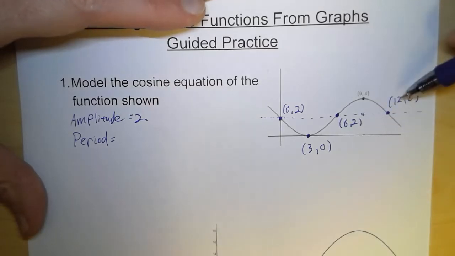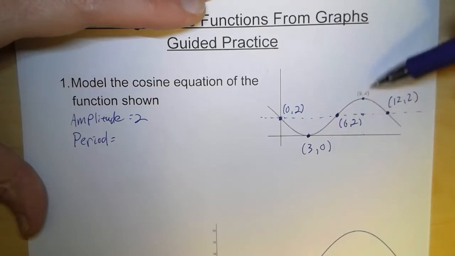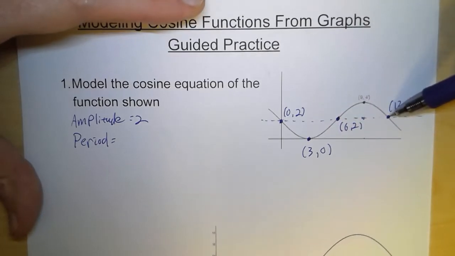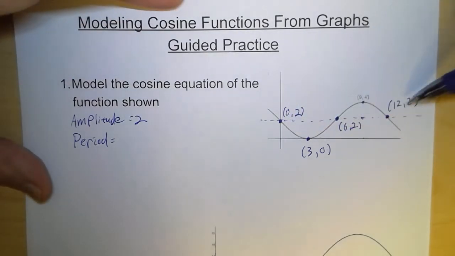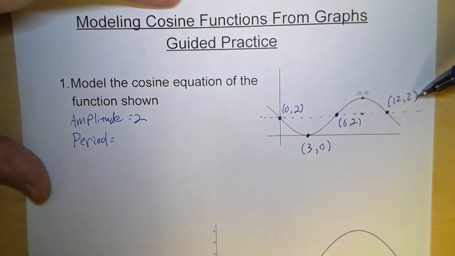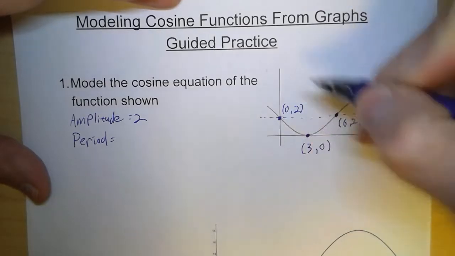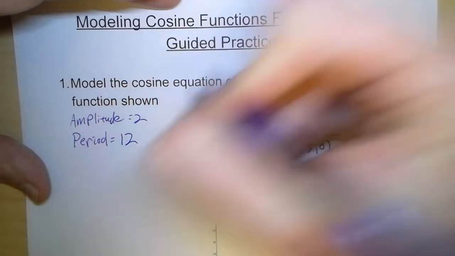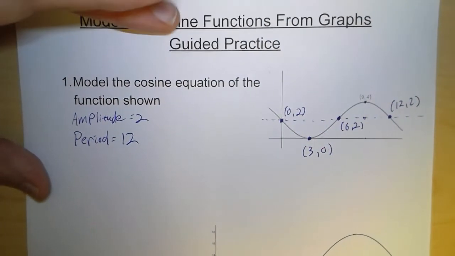Again, I knew that was 12 because from here to here was 3, from here to here 3, from here to here 3, and from here to here was 3. And these points all have the same y value. But after this point, it starts doing what it did already. So that's our period length. That's the shortest distance that we need before it cycles.